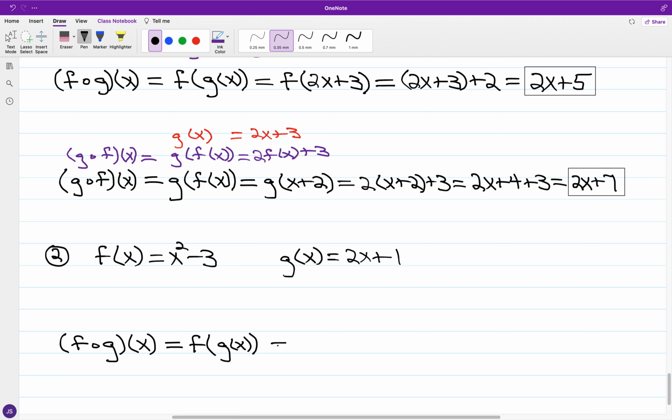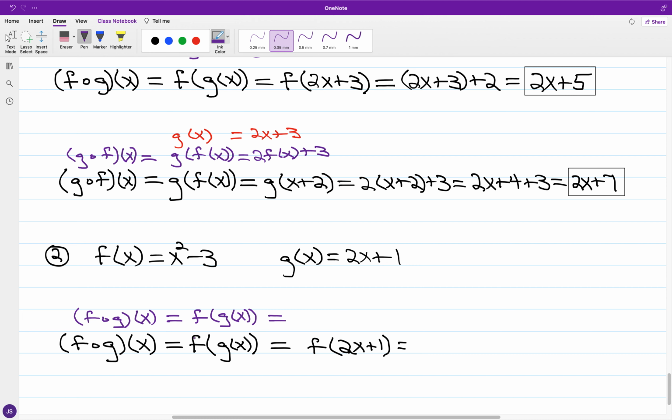If I specify g of x, I'm going to do something with 2x plus 1. If you try to create a bit of a visual structure, you have f composed of g of x, and we got f of g of x.